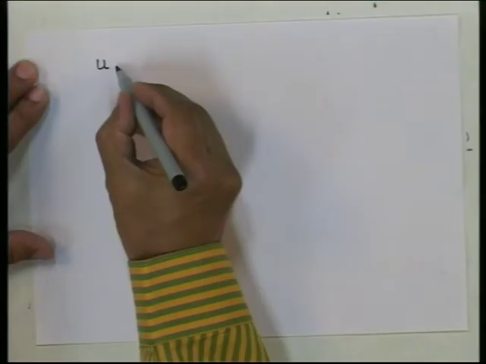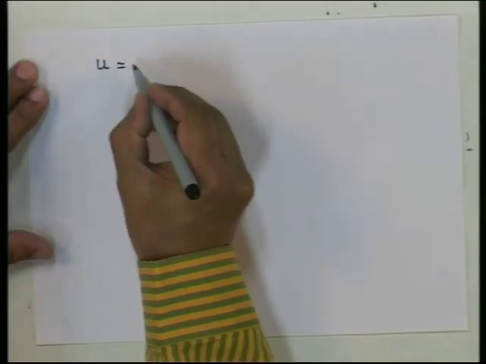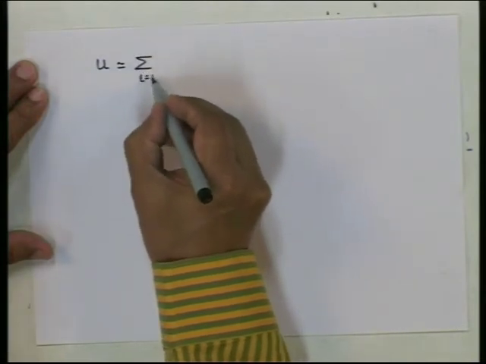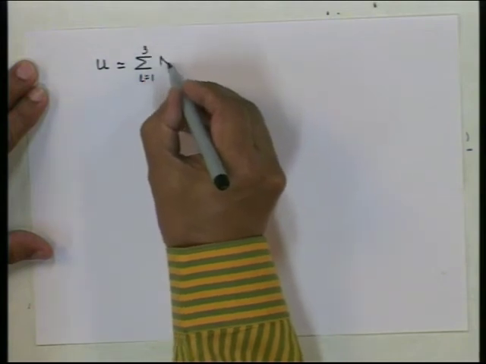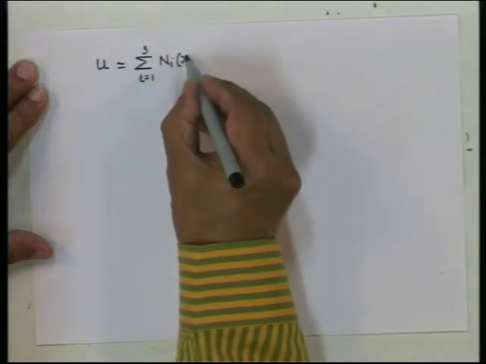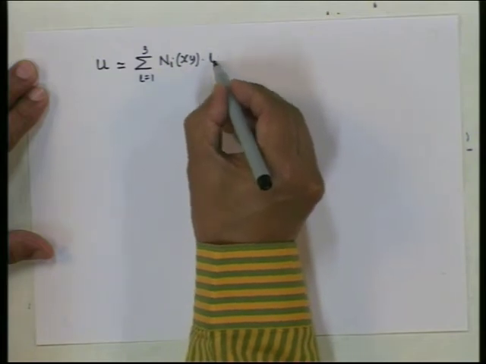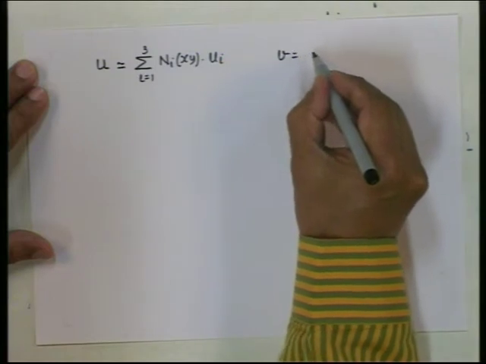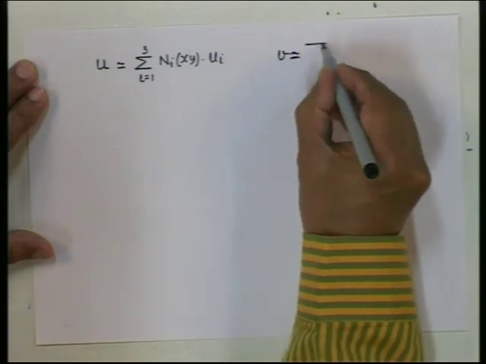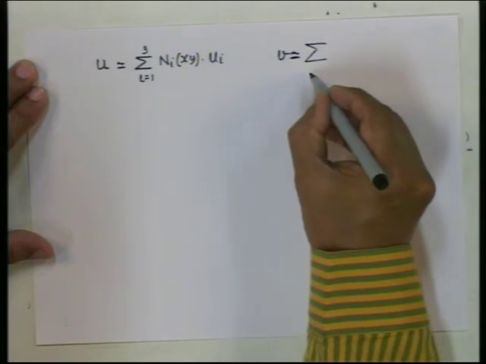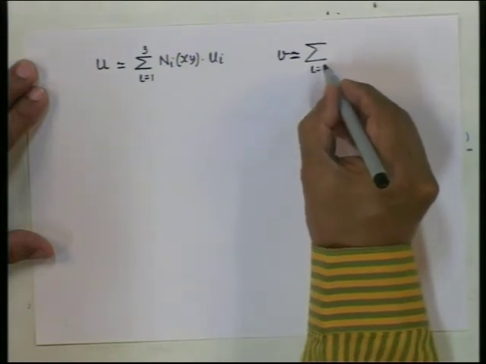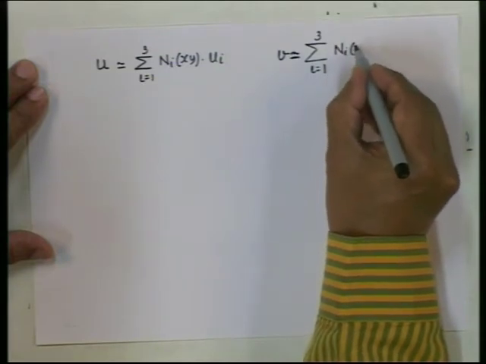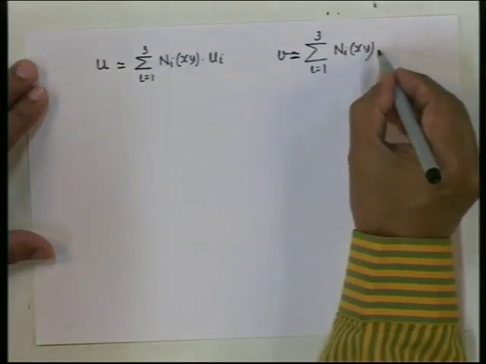At any point u is equal to sigma Ni ui; this is the way it is written by Reed's method. Now, how do you find your shape function?